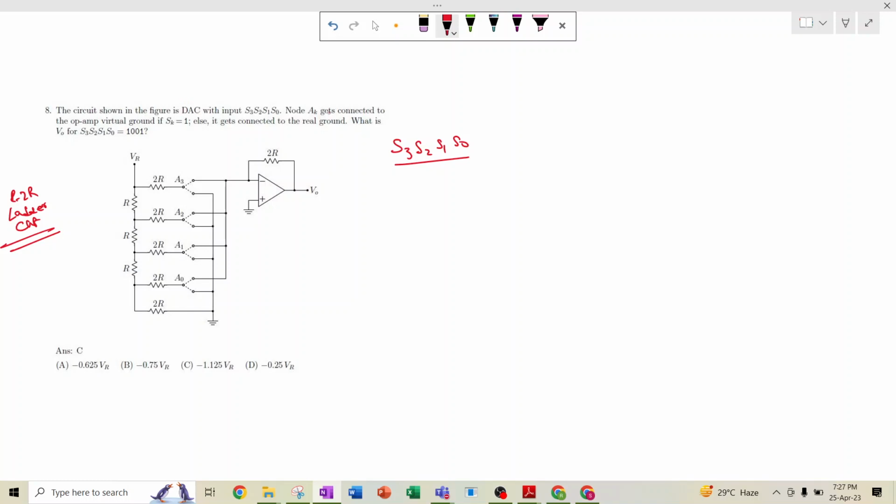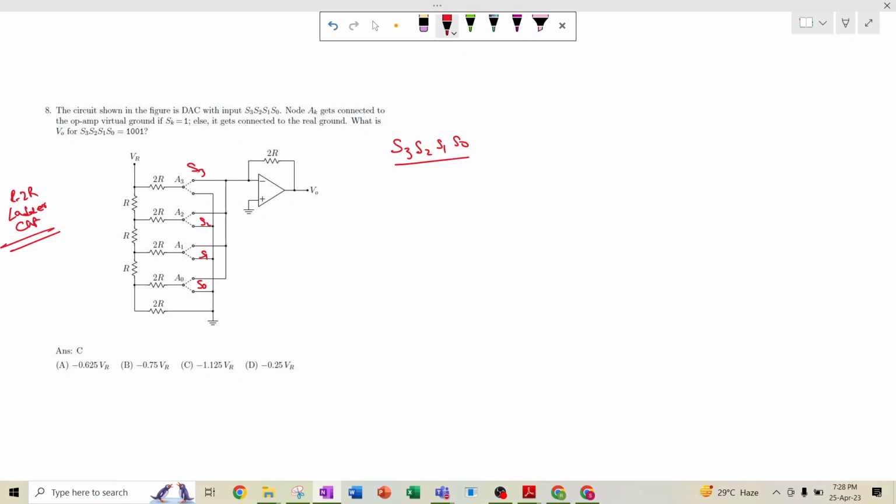Now, what is happening in this figure? The DAC has the inputs S3, S2, S1, S0. So this is S3, this is S2, this is S1, and this is S0. Node AK is connected to the op-amp virtual ground if Sk is equal to 1.